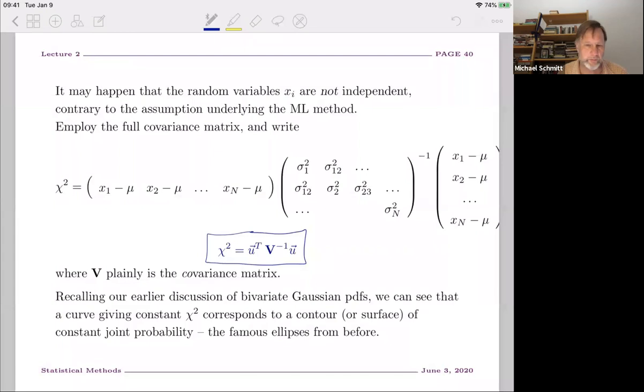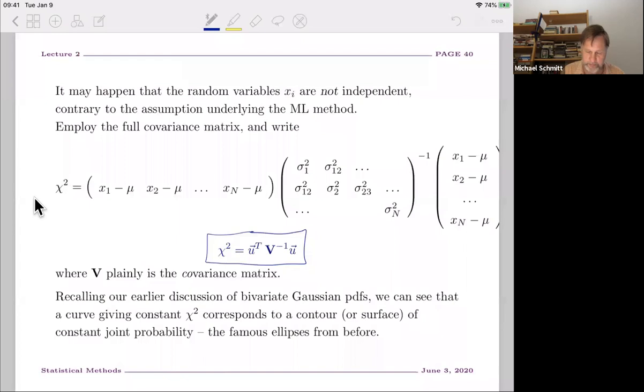So now we're doing something that we couldn't do so easily, or really not at all, with the maximum likelihood method. We're incorporating crucial information about covariances, the way the different x's might not be independent. There may be correlations between them, non-zero correlations, even negative ones.